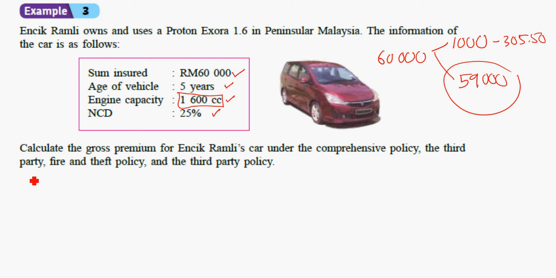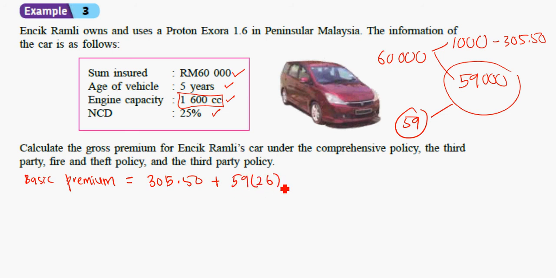So the basic premium equals to the first rate 305 ringgit 50 cent plus, for 59,000 you have 59 1,000s, right? So 59 times 26 ringgit.